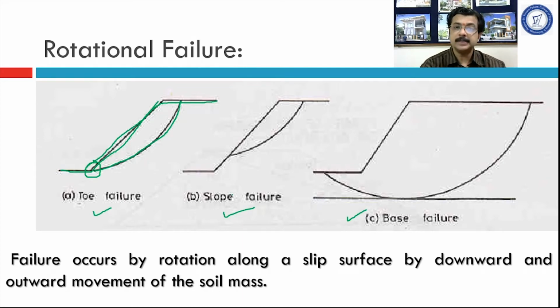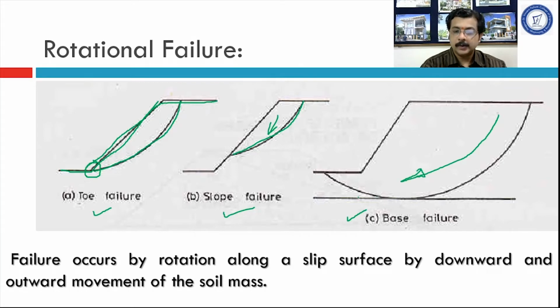The second type is slope failure. What is the difference? You can just compare diagram A and diagram B, and you can observe that this slip surface or slip circle is intersecting the face of the slope. So this much portion of soil will move downward, and also outward. In the third situation, which is base failure, you can see this much portion of soil is moving outward and downward.